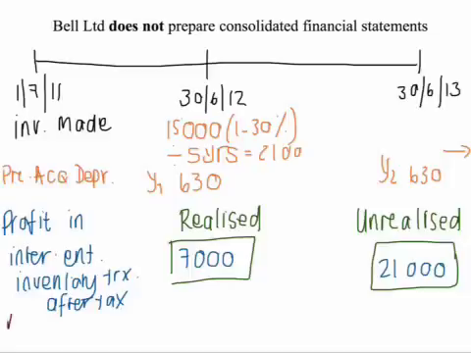So we also have to take into consideration the asset revaluation of 30,000. The general reserve, there's no adjustment that needs to be made.